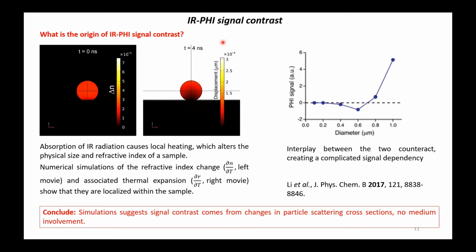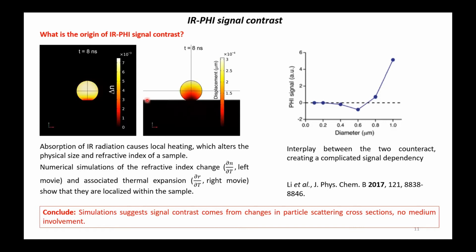What I'm showing you is some earlier numerical simulation from Greg Hartland's lab. I will just briefly touch on it. The numerical simulation shows that absorption of infrared radiation is localized within the particle, and all changes are localized inside the particle.